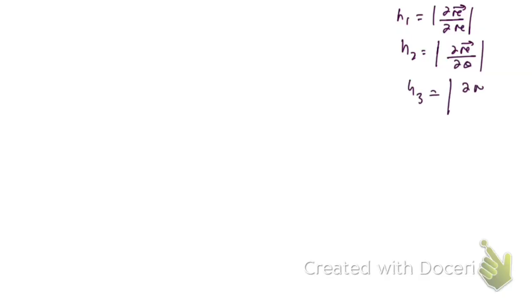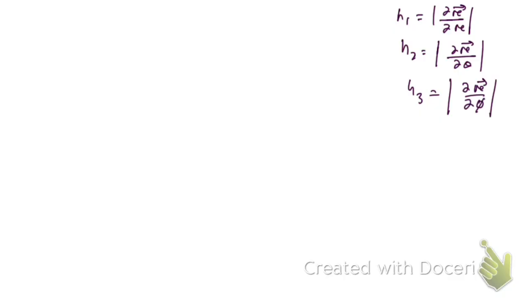H1 will be given by the mod of del R vector by del r, and H2 will be given by the mod of del R vector by del theta. Then H3 is again del R vector by del phi.